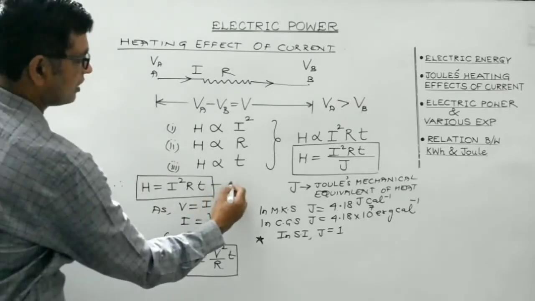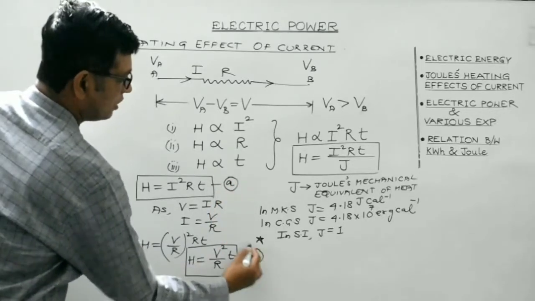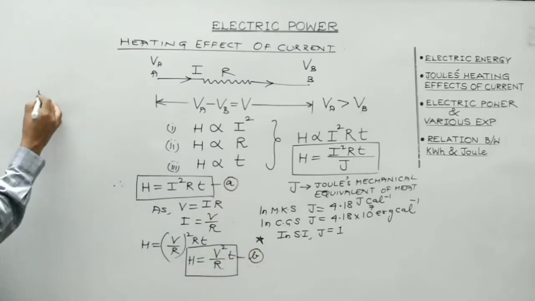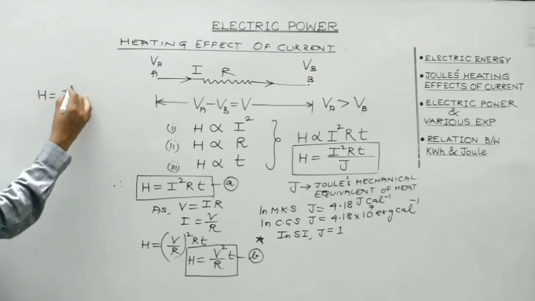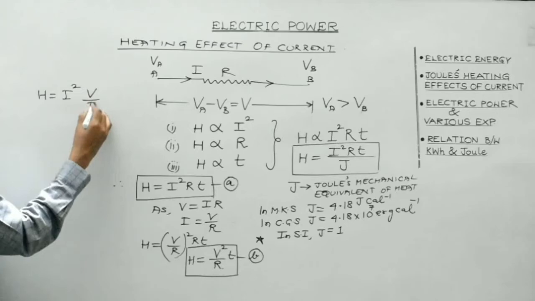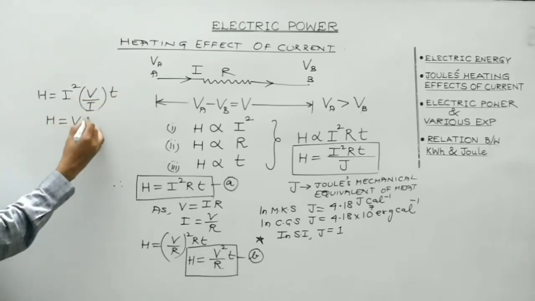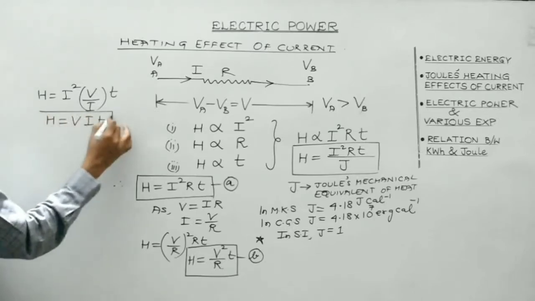There is still another expression. This is the first one, this is the second one. For the third, take I square RT, and in place of R, write V by I, multiplied by T. So what we get is H is equal to VIT. This is the third expression.